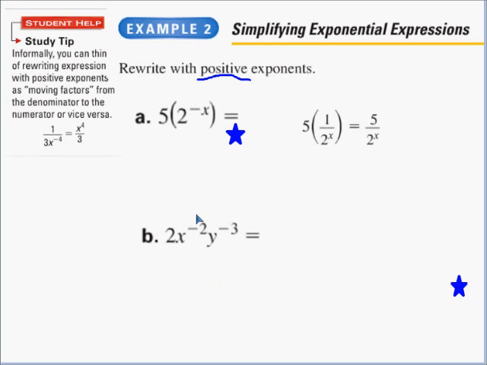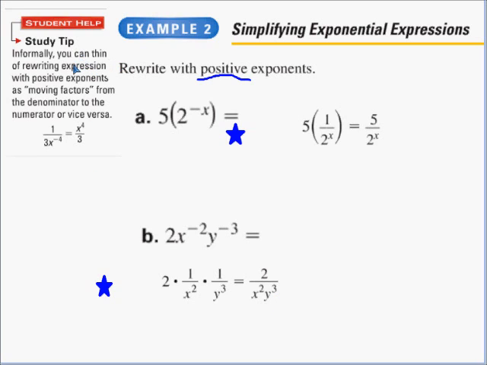In letter B, we have 2 negative exponents again, so we will be doing the reciprocals to those. And we will get 2 times 1 over x squared times 1 over y squared, which would give us 2 over x squared y squared in its simplest form.